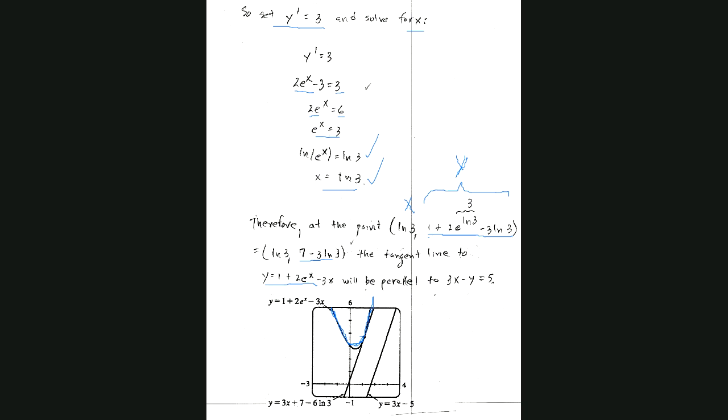And they have the line here, y equals 3x minus 5.